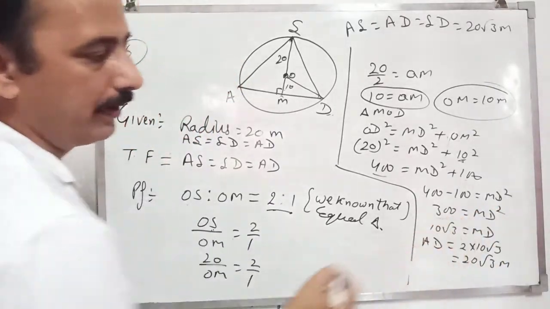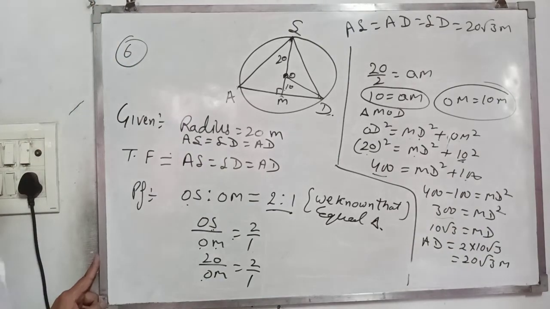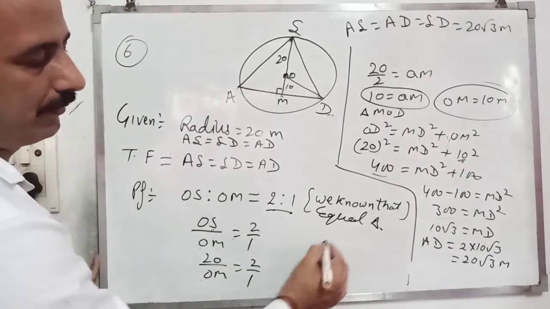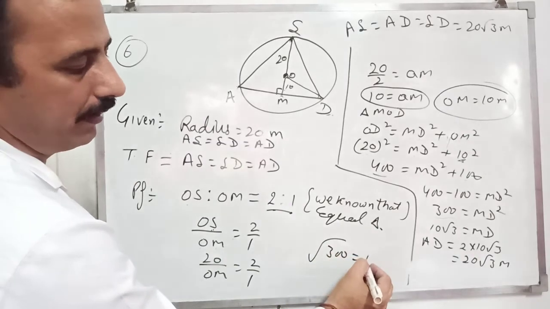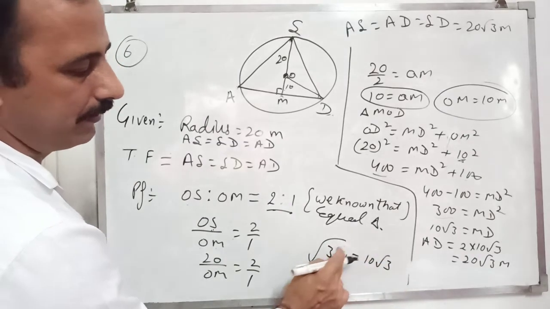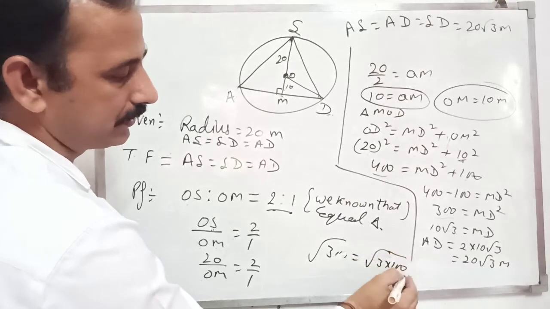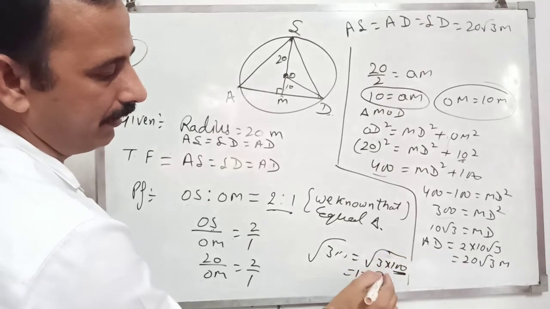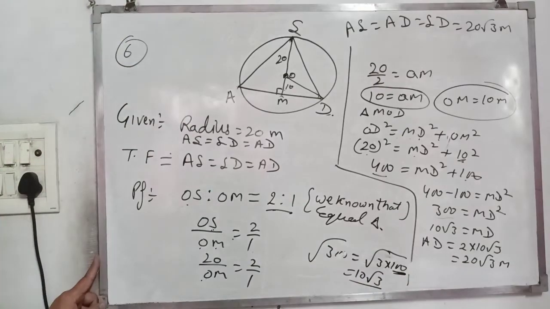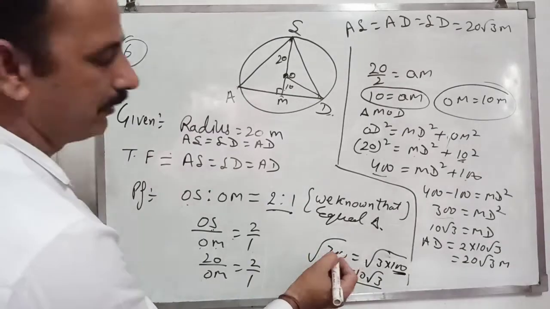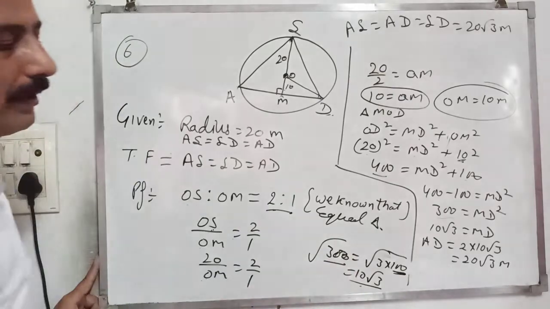So it becomes under root of 300. That is 10 root 3, because 300 is written as 3 into 100. So the square root of 100 is 10 and under root 3. So the square root of 300 is 10 root 3.